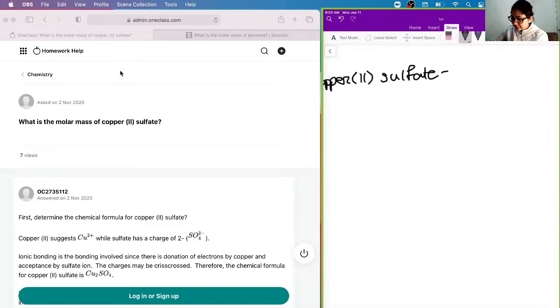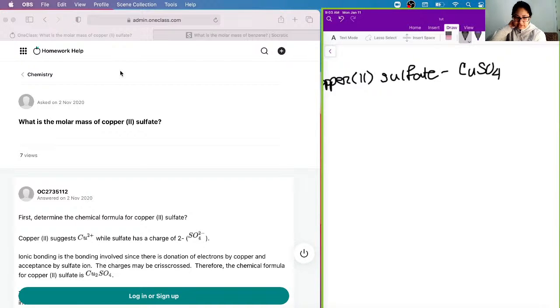And so the chemical formula for copper 2 sulfate is CuSO4.